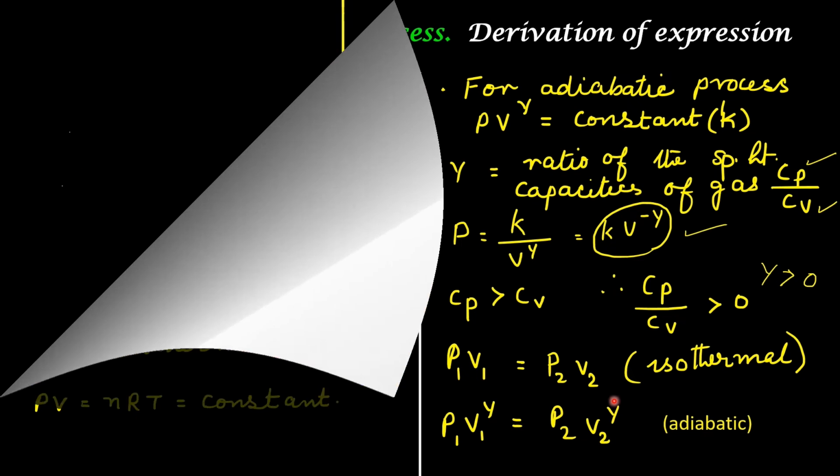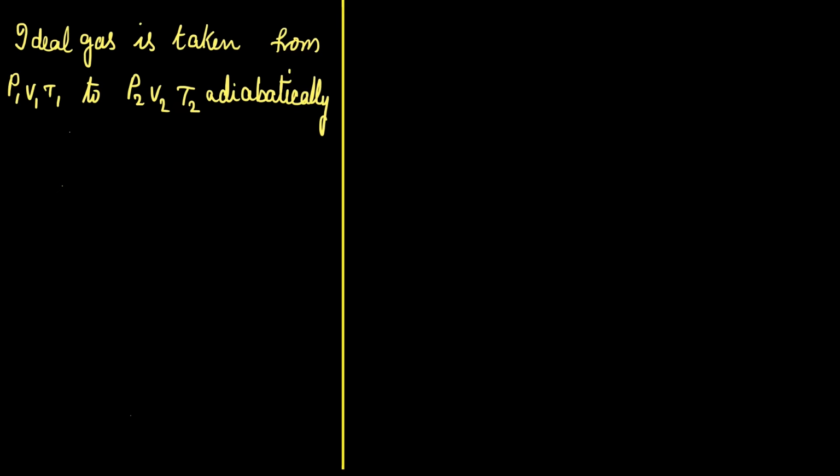We will continue. An ideal gas is taken from P1 V1 T1 to P2 V2 T2 adiabatically. We know for adiabatic process PV raised to gamma is a constant. From this expression, we can get the expression for P. P is equal to K V raised to negative gamma.